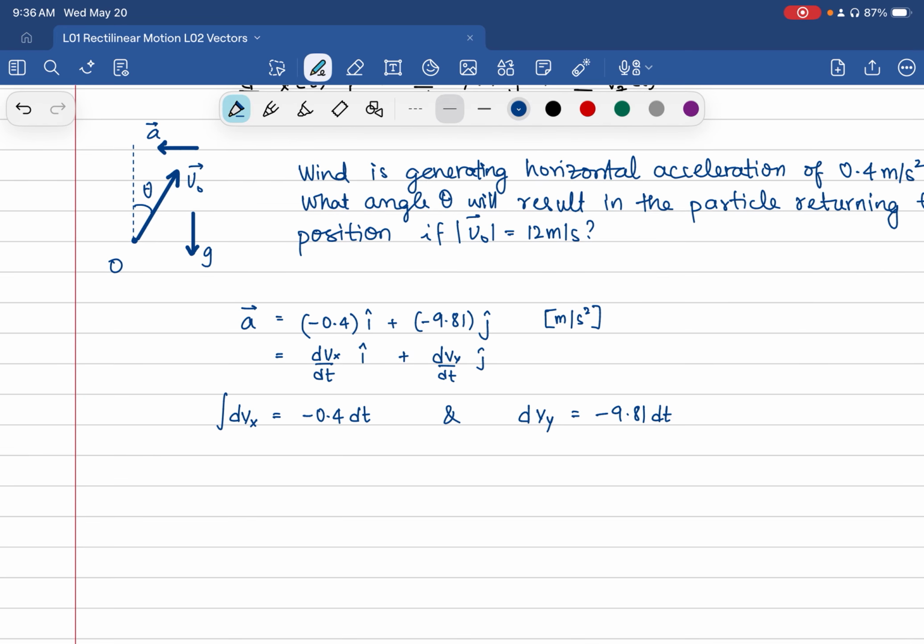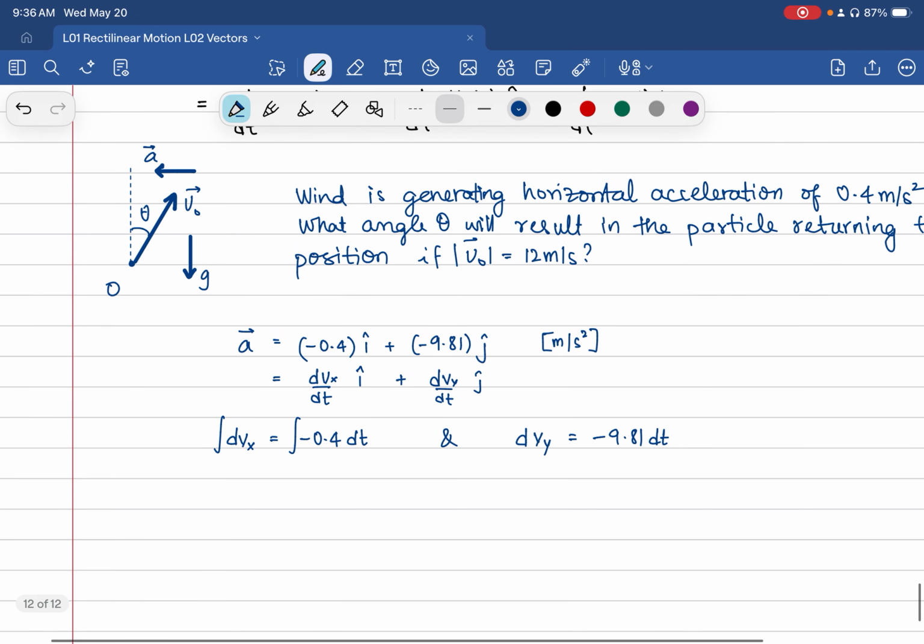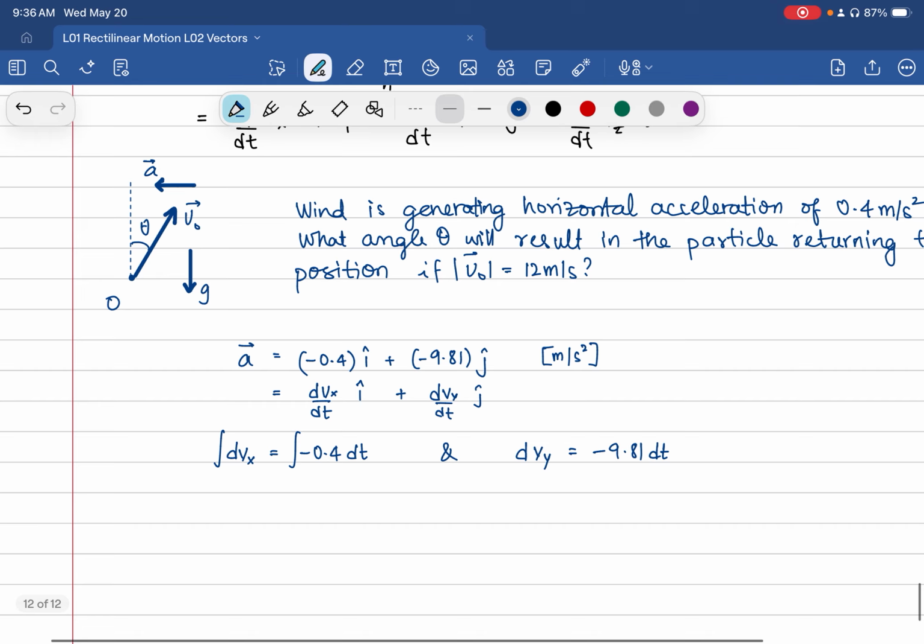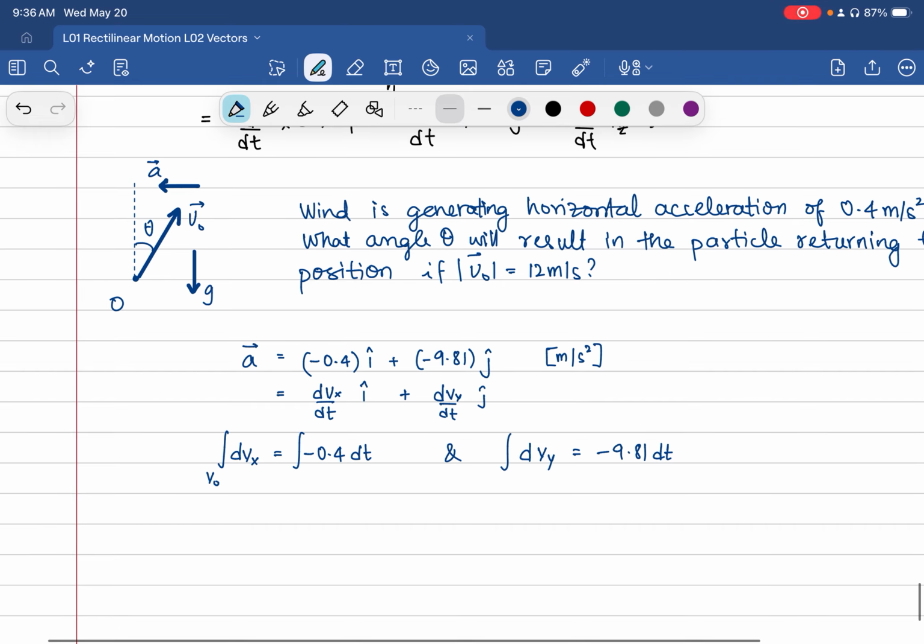If I were to do the integration, now do you apply v naught here for both? Think about that.